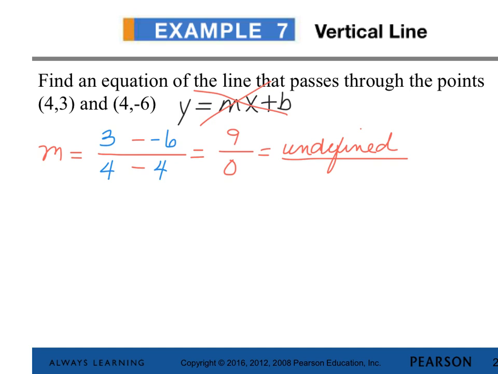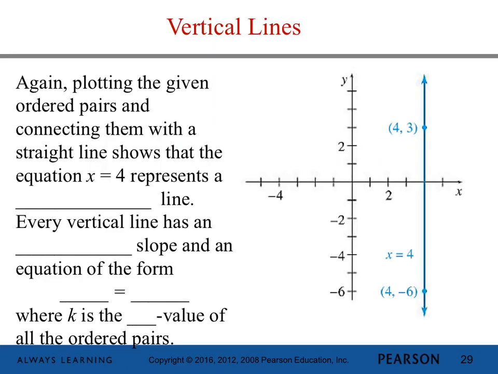So when you get an undefined slope, and I'm going to verify this by showing you the plotted points. If you plot those 2 points, you're going to see that you get a vertical line, but your vertical line has the same x values everywhere, including the x-intercept 4, 0.